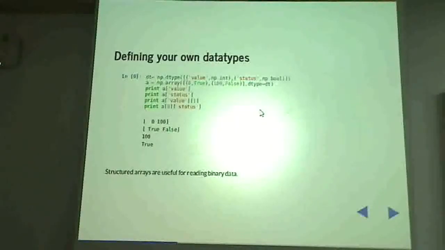Okay, and dtype is equal to dt. So you need to specify the data type, and of course dt has been defined previously. Then you can access using this kind of syntax: print a['value'], a['status'], a['value'][1], a[0]['status'], and so on. You can access any of the elements that you have stored in that particular structure.